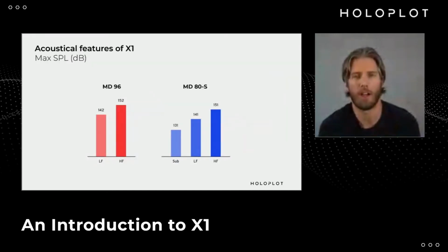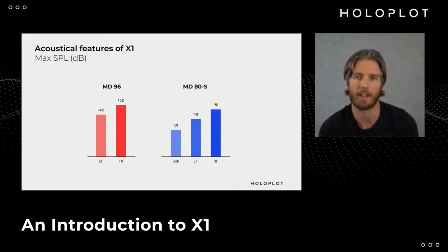We get asked quite a lot, what is the max SPL output of these boxes? Obviously, this is available on the spec sheets, and we're happy to share it with you.